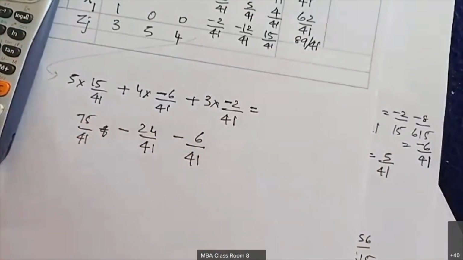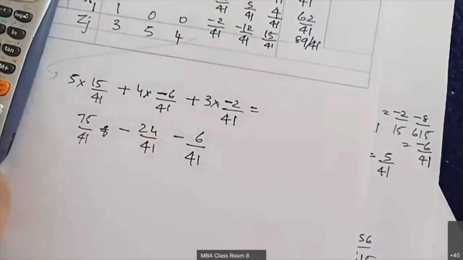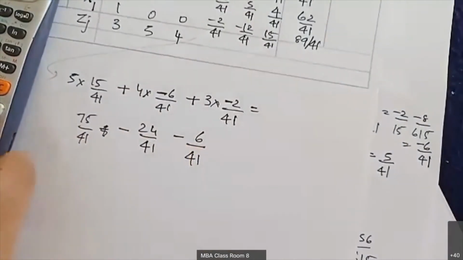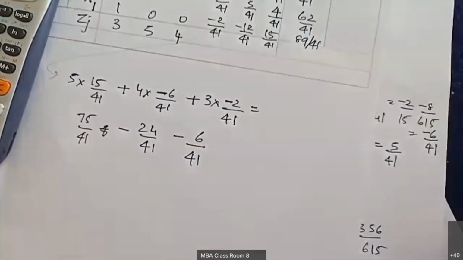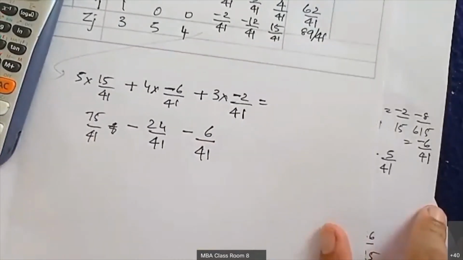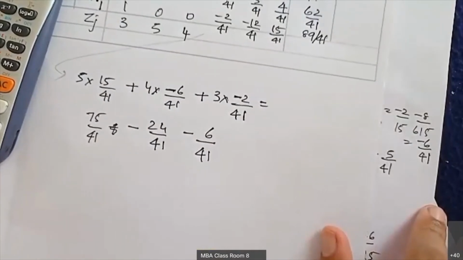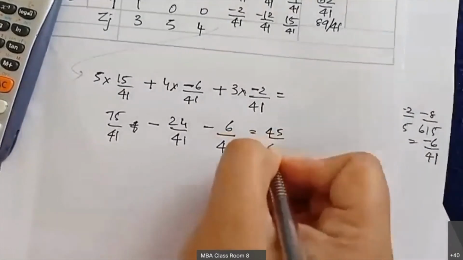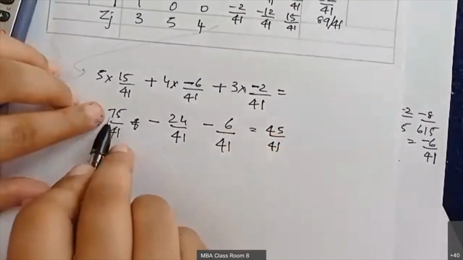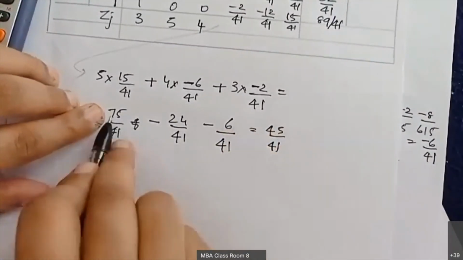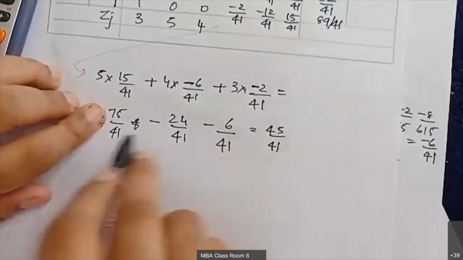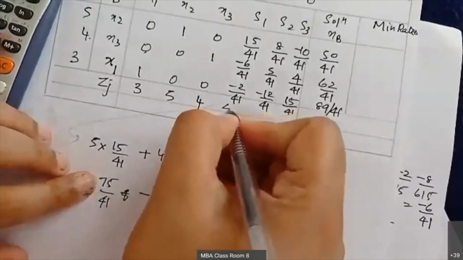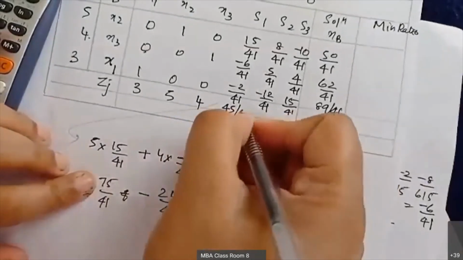Just do 75 minus 24 minus 6, which is 45 divided by 41. Since the denominator is the same, I can take all the numerators together, and 75 minus 24 minus 6 is 45. So here it will be 45 divided by 41.